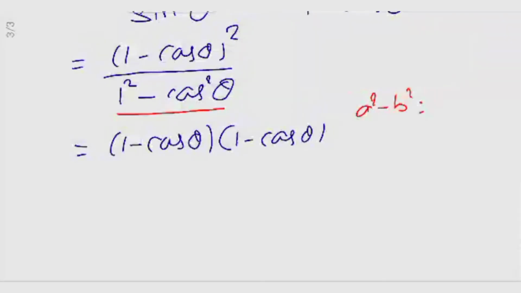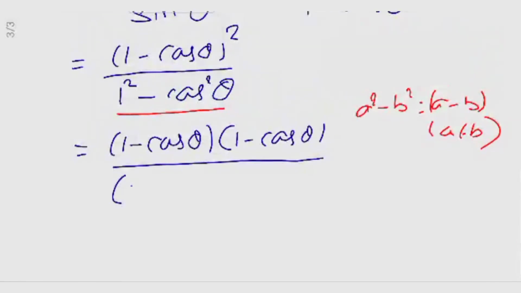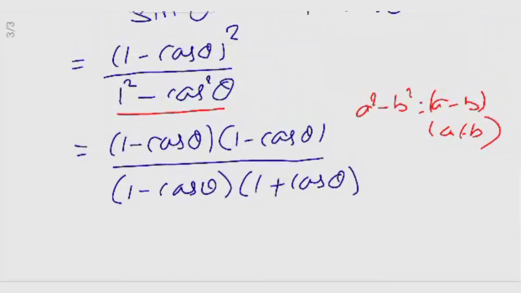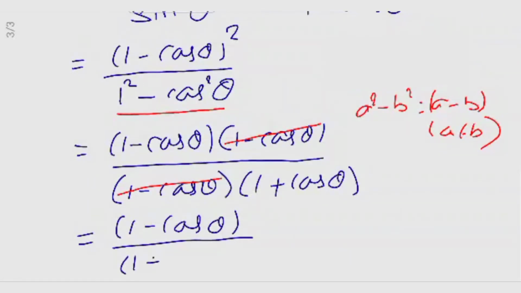So this expansion form is a minus b, a plus b, right. So here we get 1 minus cos theta and 1 plus cos theta. Now here 1 minus cos theta, 1 minus cos theta get cancelled, so remaining terms 1 minus cos theta divided by 1 plus cos theta. So it is our RHS.